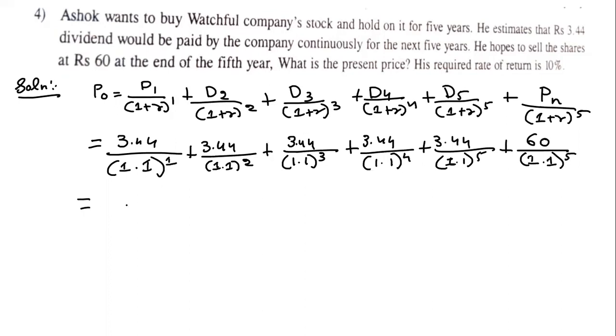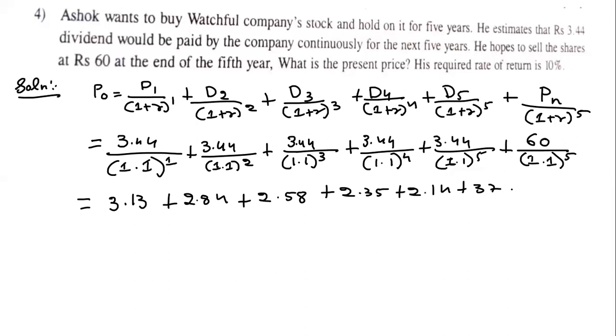So let's simplify this. After simplification, we get 3.13 plus 2.84 plus 2.58 plus 2.35 plus 2.14 plus 37.25.